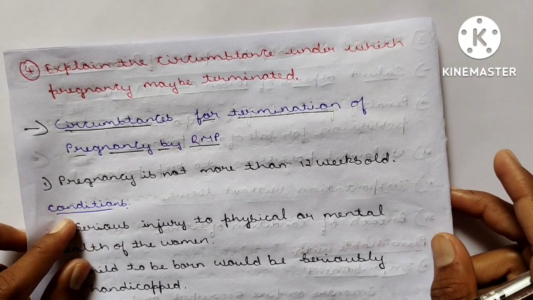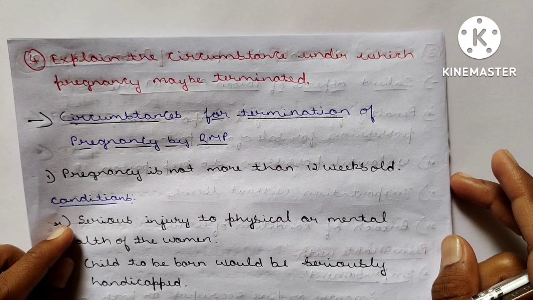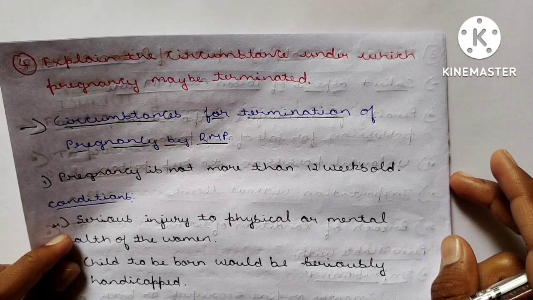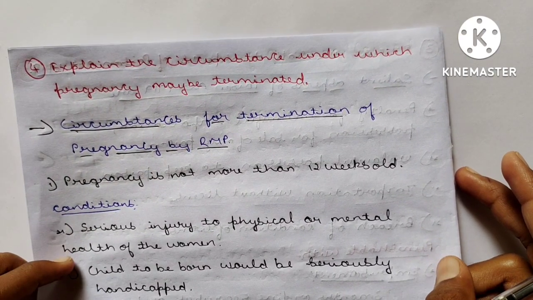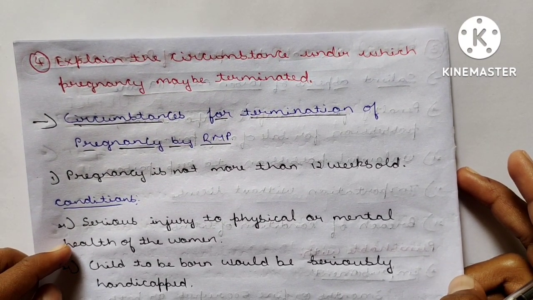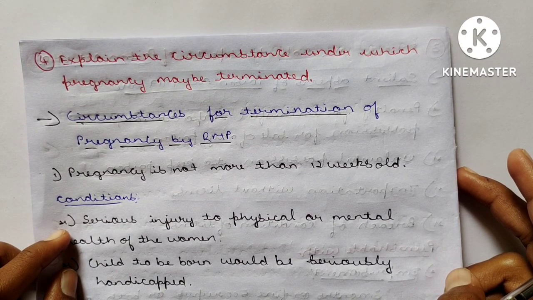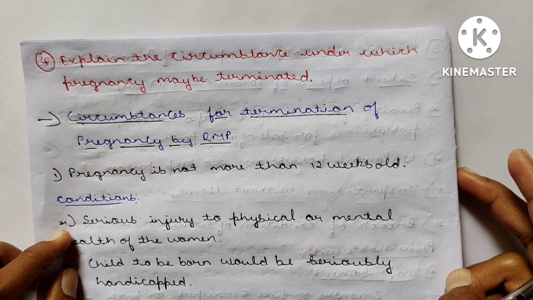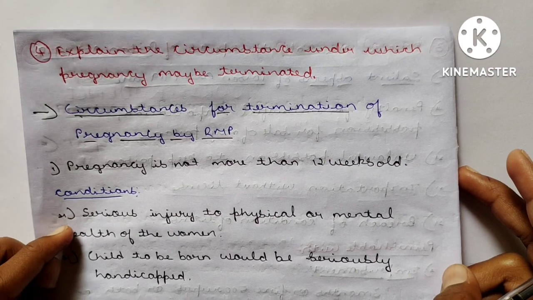The pregnancy should not go beyond 12 weeks old, which means approximately 3 months. Inside the 3 months only, according to this Act, the RMP practitioner can give a circumstance for termination of the pregnancy.